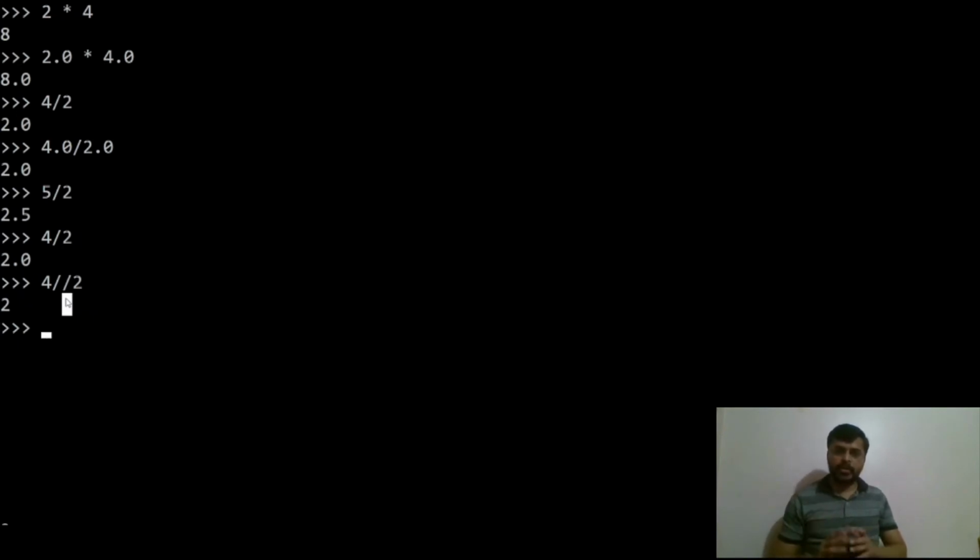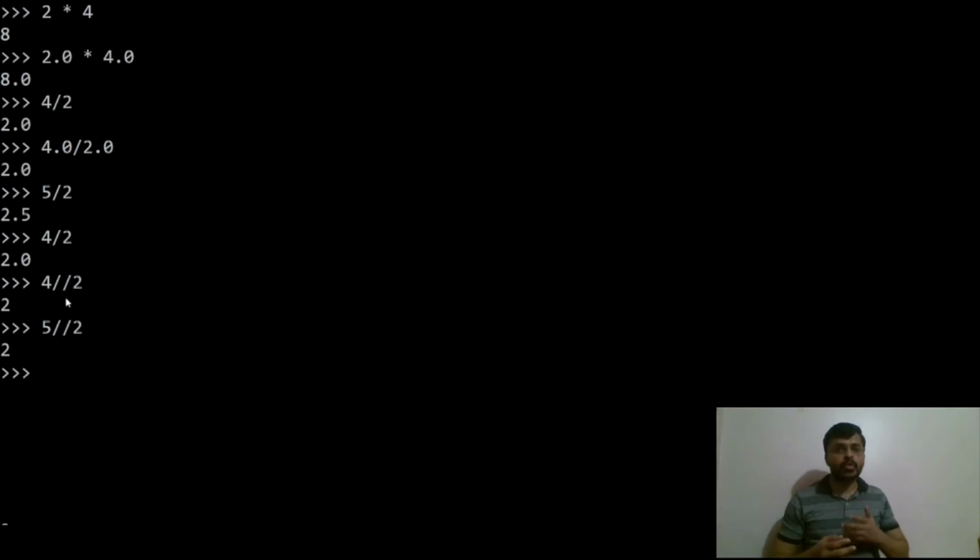So what it will do, it will perform the division and then convert the result into the minimal possible integer number or nearest integer number which is lower than the number. And hence 2.0 got converted to 2. Now if I say 5 divided by 2, I'll get 2 again. Ideally it was 2.5, but it got converted into an integer and hence we got 2.